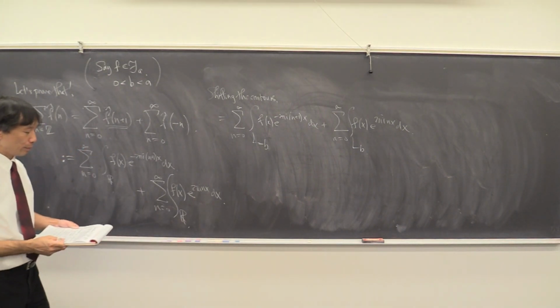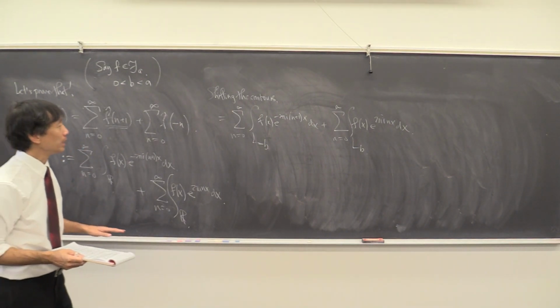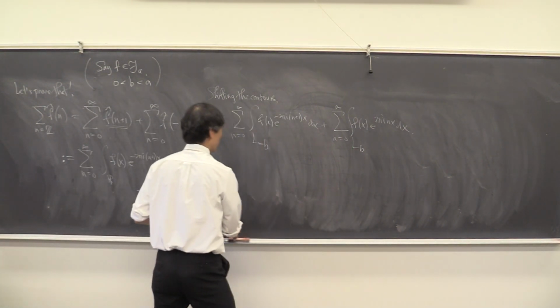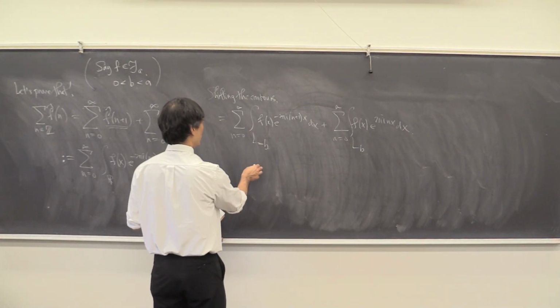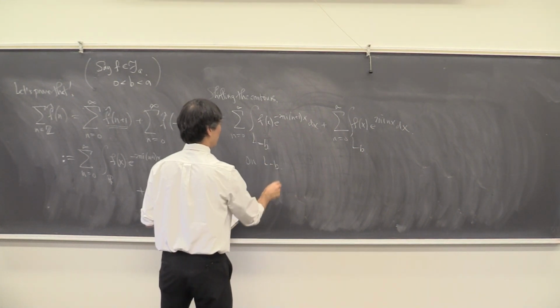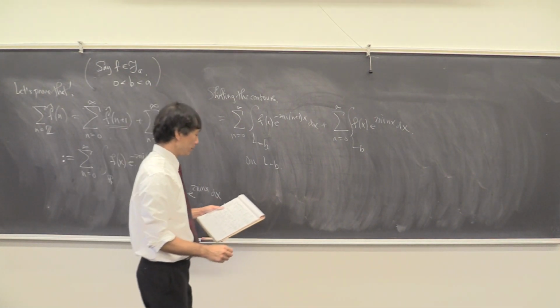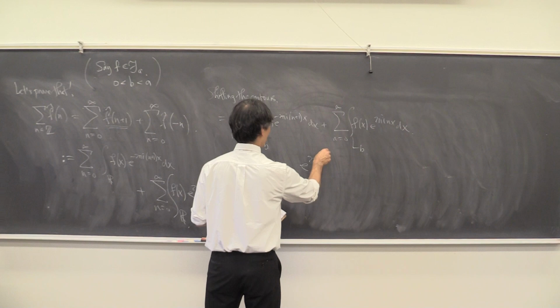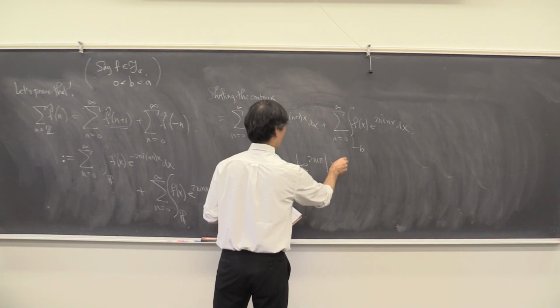Okay, so at this point, we play a trick, which is we say, well, look, on the line L sub negative b, e to the 2 pi i z is bigger than 1.